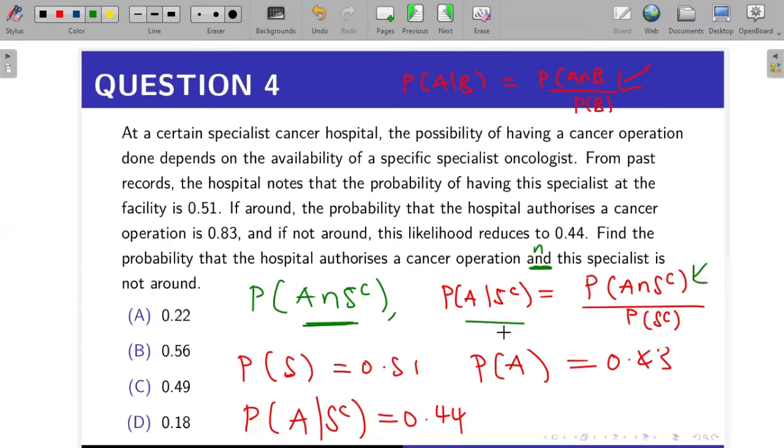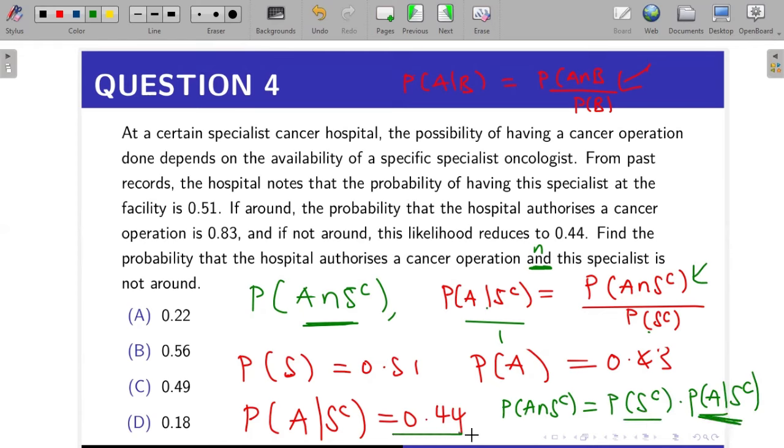Okay, so I can cross multiply. The probability of A intersection S complement is going to be equal to the probability of S complement multiplied by the probability of A given S complement. So we just have to find this and this, but this has already been given. So we just have to find the probability of S complement.